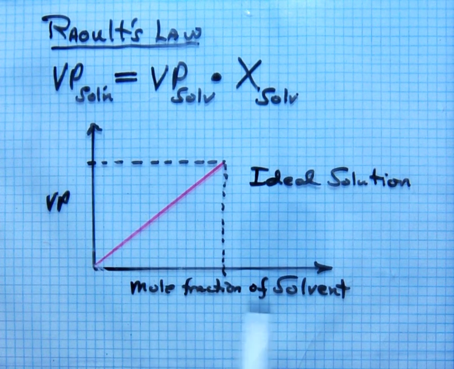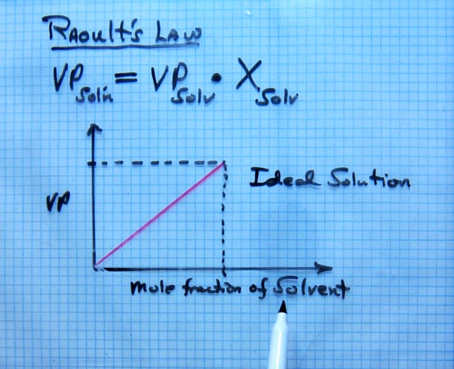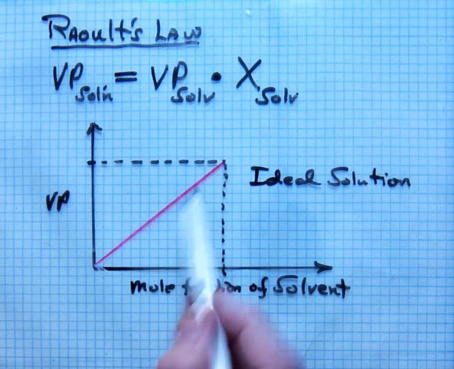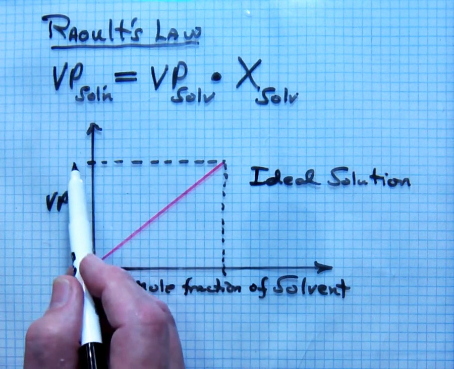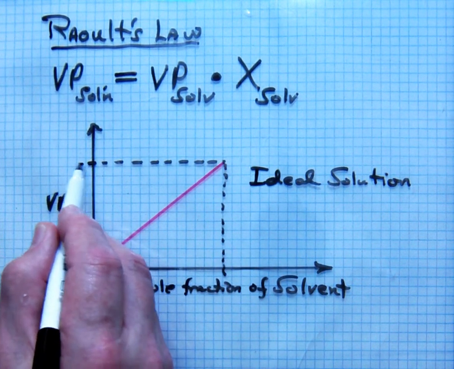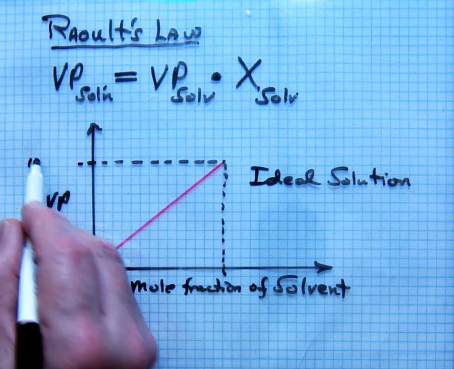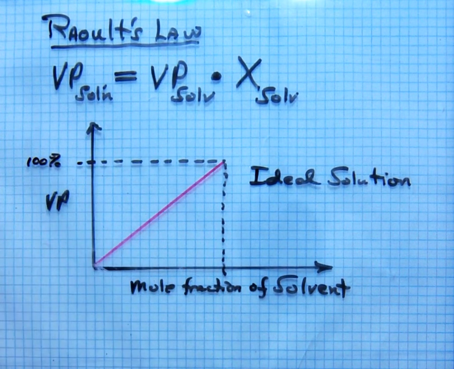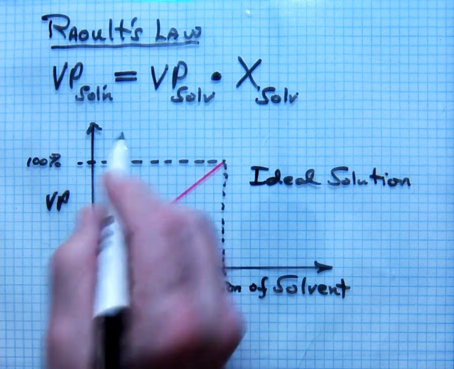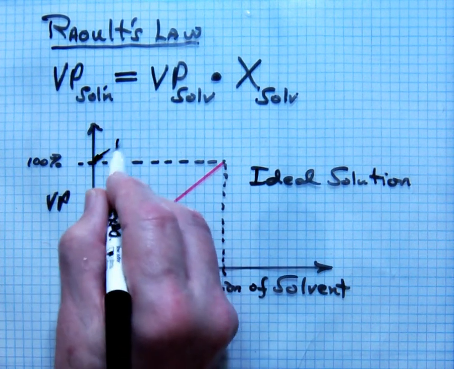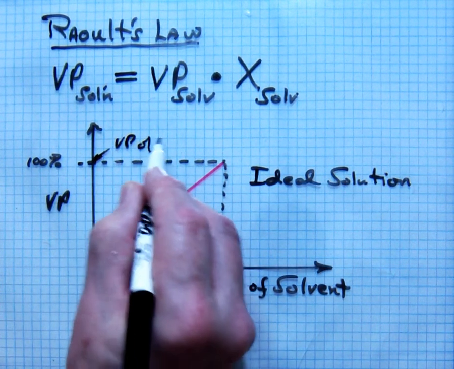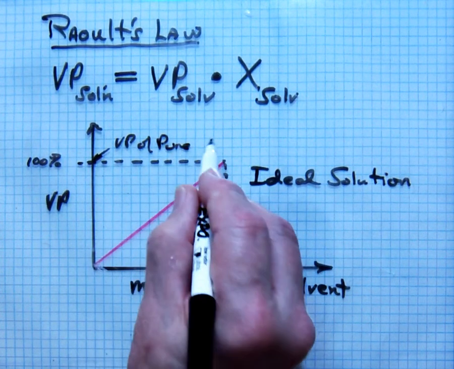As the mole fraction of solvent increases, the vapor pressure increases up to here, 100%, so to speak, or mole fraction of solvent is 100%. And the vapor pressure right here would be the vapor pressure of pure solvent.